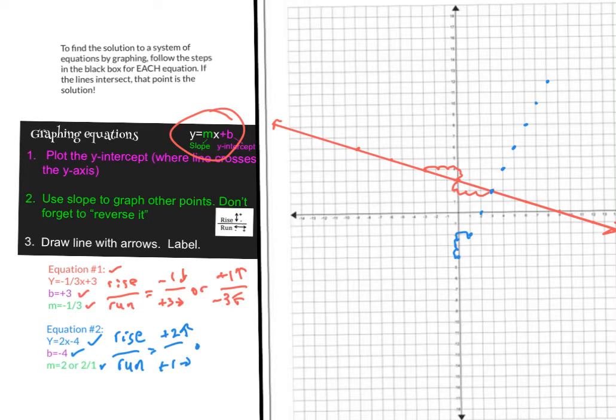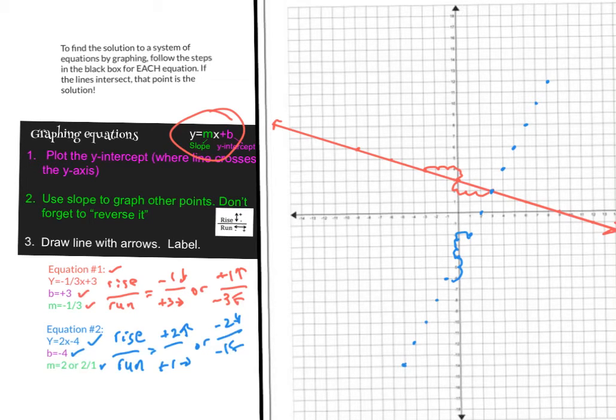So the other way I could do it is to go down 2 and to the left 1, because it'd be negative 2 over negative 1. So from my starting point, I go down 2 to the left 1. I will see that it still follows the same pattern of a line.